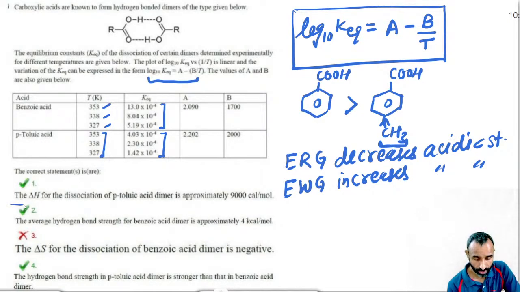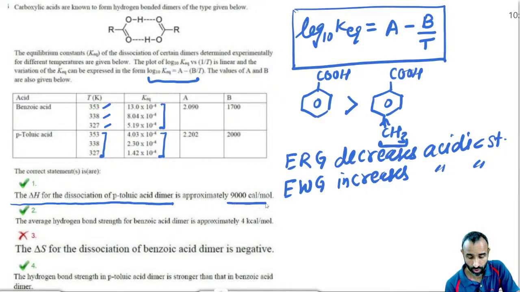The first question is: the delta H for the dissociation of paratoluic acid dimer is approximately 9,000 calories per mole.